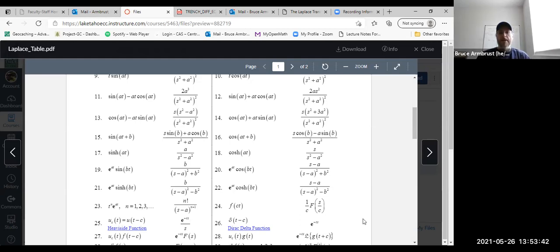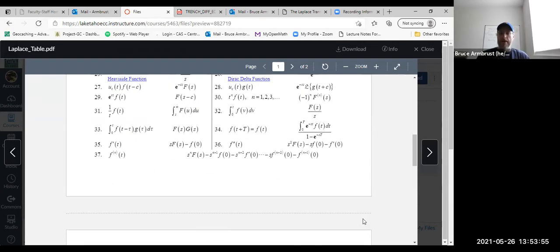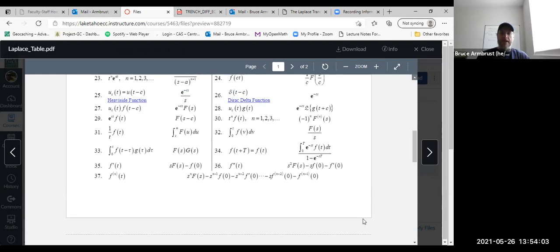Now, this table also has a lot of things that we've never talked about, that aren't relevant to us yet. Some of them we will learn about. So when you see something like the Heaviside function or the Dirac delta function, that's that. We'll get there.